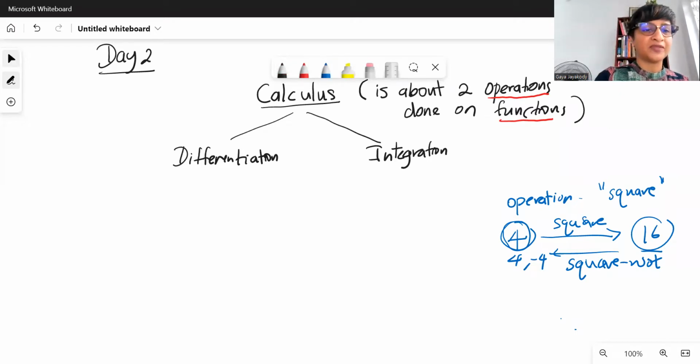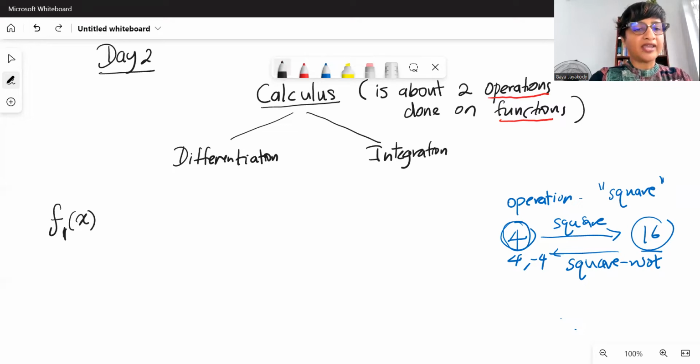You have a function f of x. You are somewhat familiar with functions, we have been talking about functions in the last lecture. Take f1, with subscript 1, just to call it the first function.